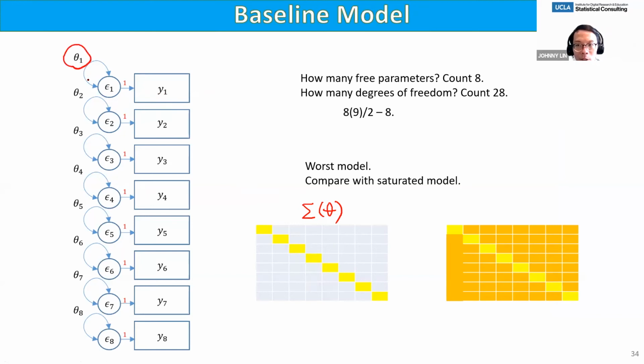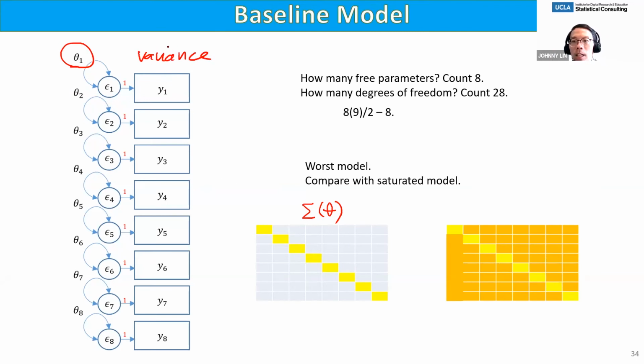Well, we see these are estimating residual variances, but there's nothing predicting it, right? There's no factor predicting it. So what do you guys think then the residual variance is, if there's nothing predicting it? There's no residual, right? So the residual variance is literally the variance.